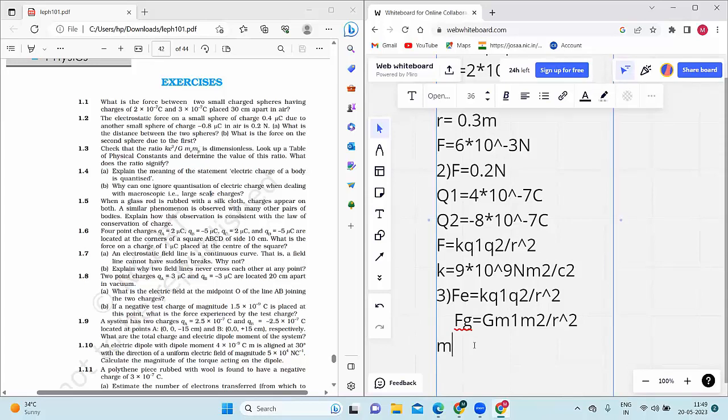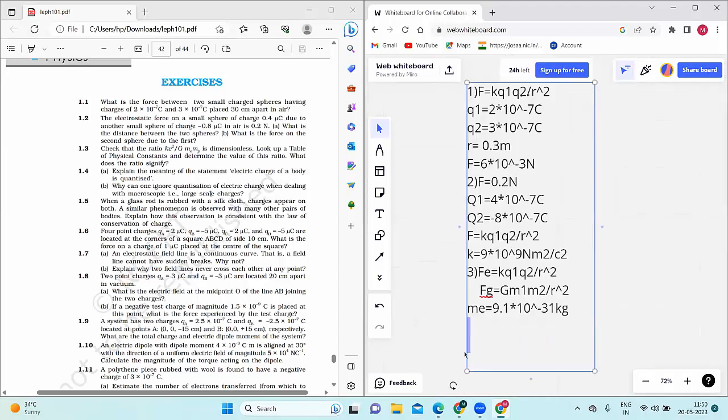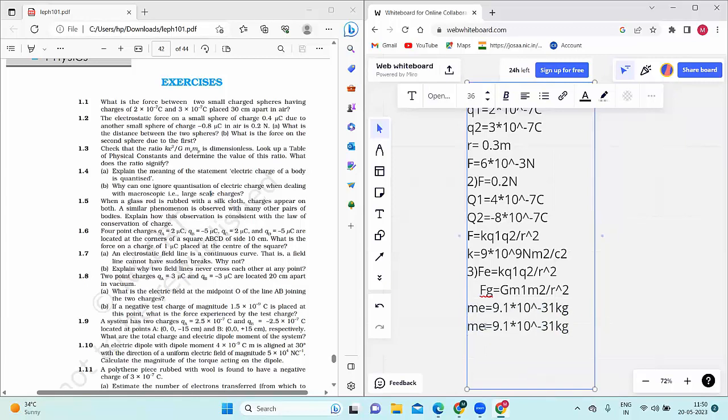So we know that the mass of the electron will be 9.1 into 10 power minus 31 kg. And the mass of the proton will be 1.67 into 10 power minus 27 kg.